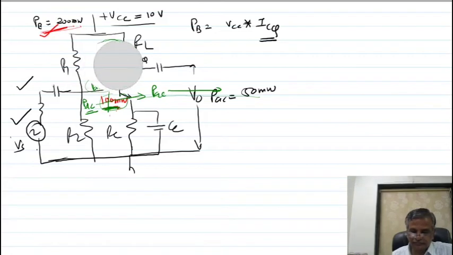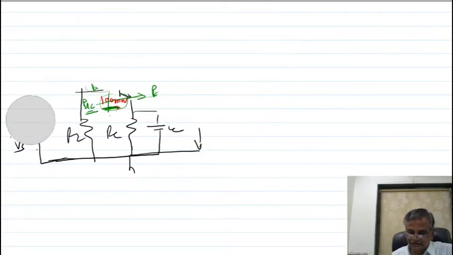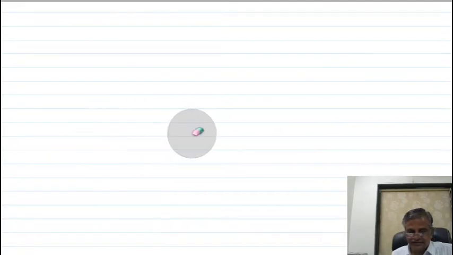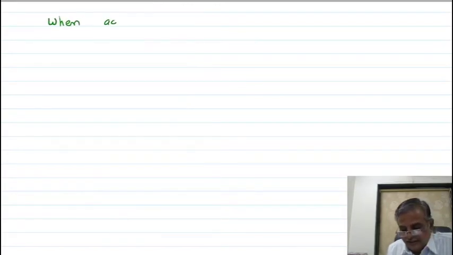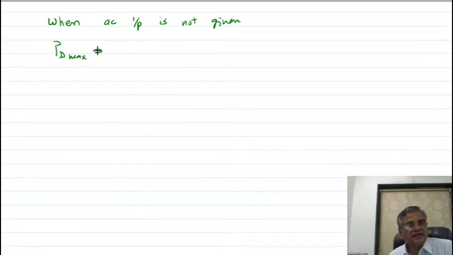Now, let us see some important equations. When the AC input signal is not given, then the maximum power dissipation in a transistor in a quiescent condition, PD max, is nothing but VCC into ICQ.